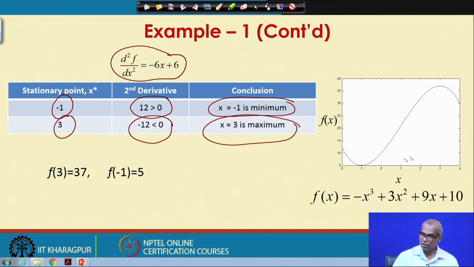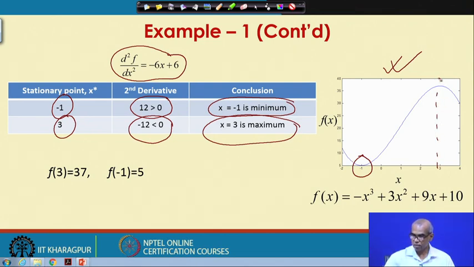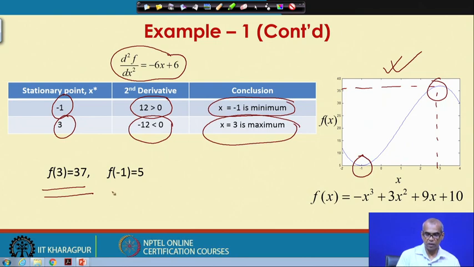So, this is the plot of the single variable function. You check that at x equal to minus 1, minimum happens, and at x equal to 3, the maximum happens. The value of the function at x equal to 3 is 37, and the value of the function at x equal to minus 1 is 5.